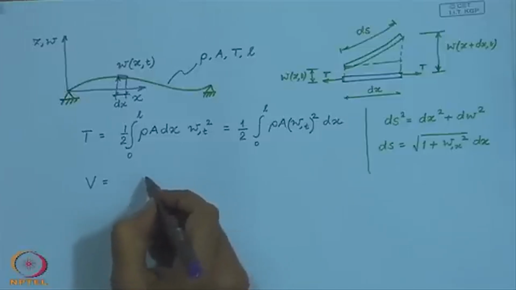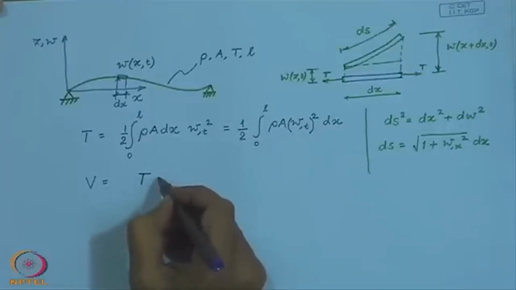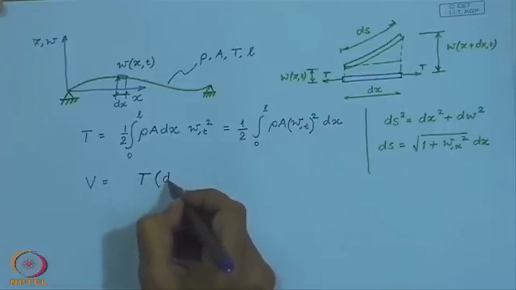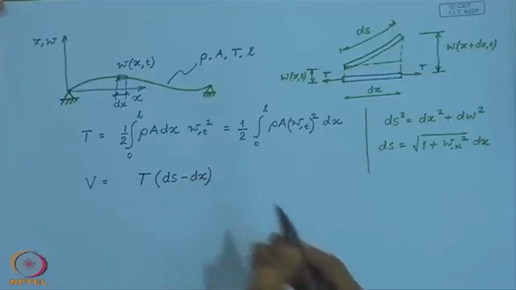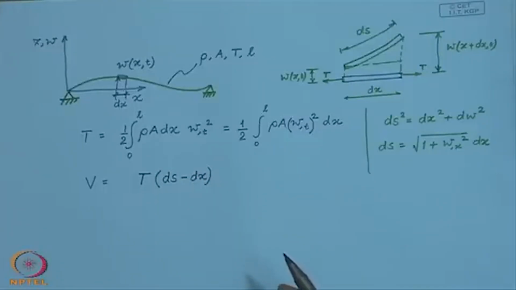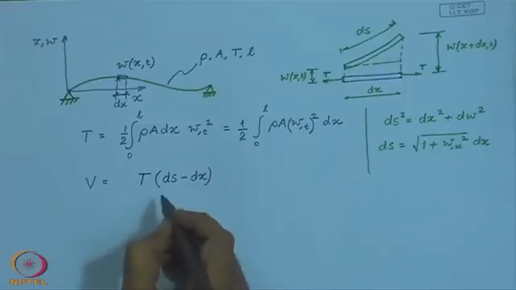So, tension, which is almost constant, times ds minus dx.